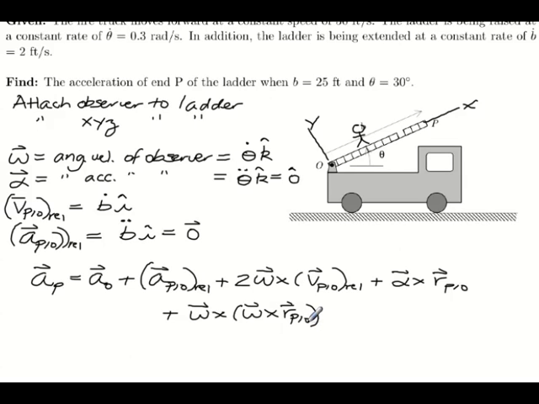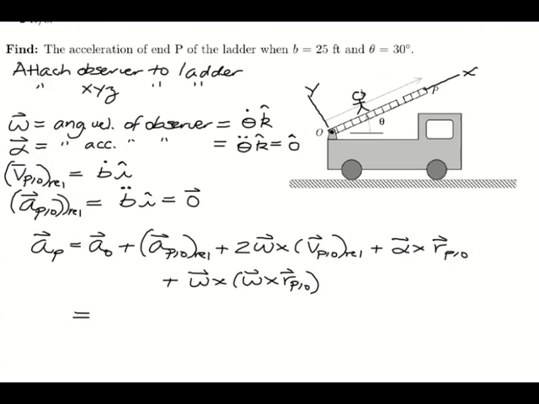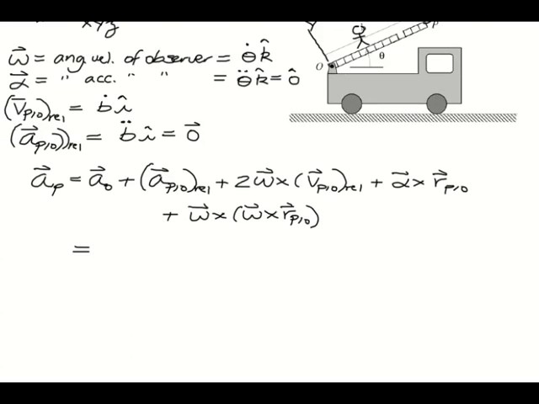It's our usual equation. Well, O is on the truck. The truck's moving on a straight line path at a constant speed, so that's a 0. The relative acceleration, we saw above, was a 0. The omega is theta dot k, crossed with V_rel. V_rel was b dot i.